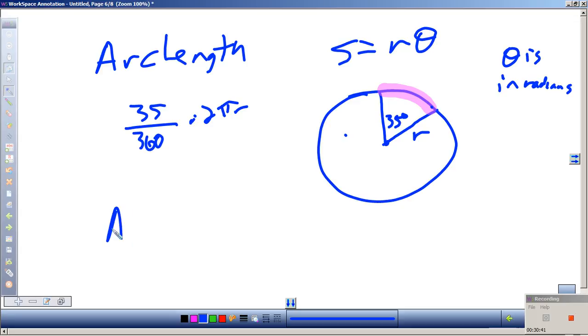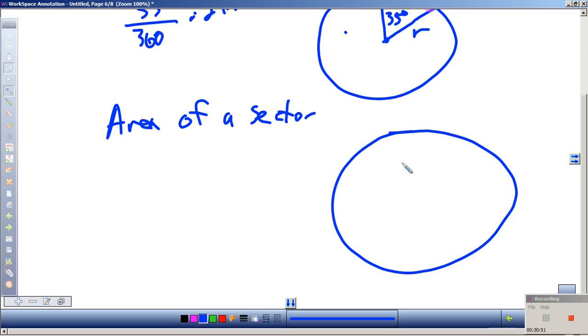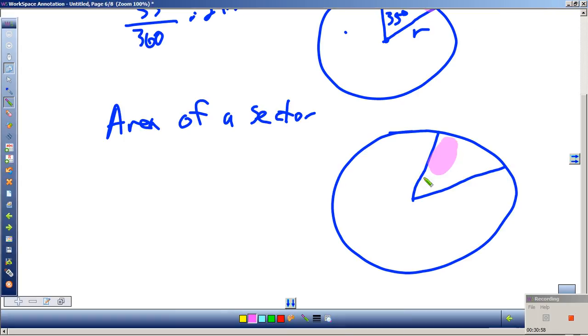Second one, area of a sector. You know what a sector is? This is the last formula. I'm going to show a couple of types of problems you want to do. So this is like a pizza slice.